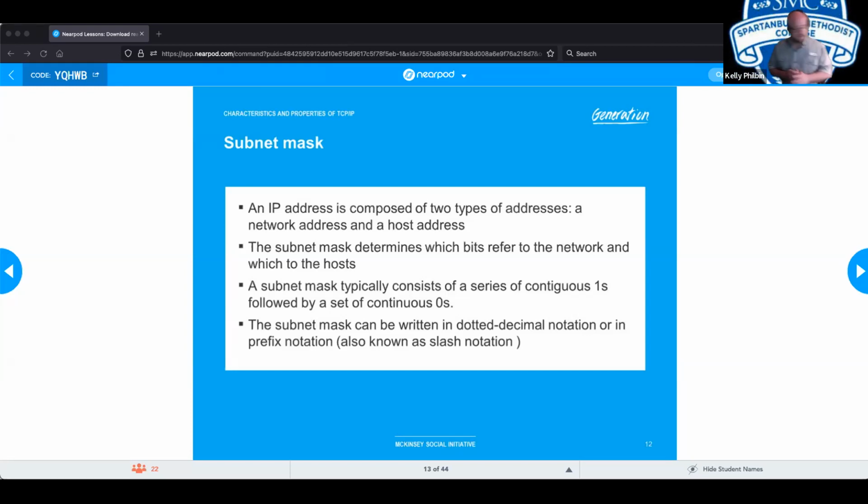So the way the subnet mask is transmitted so that the computer can see it is just a series of 1s followed by a series of 0s. So we said it was 32 bits, right, for the actual address.